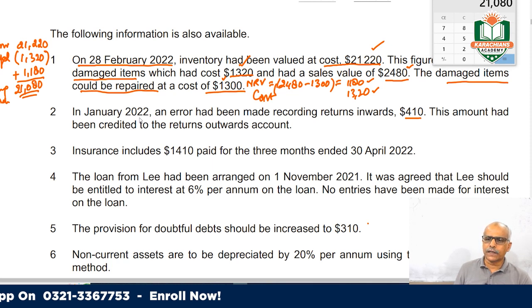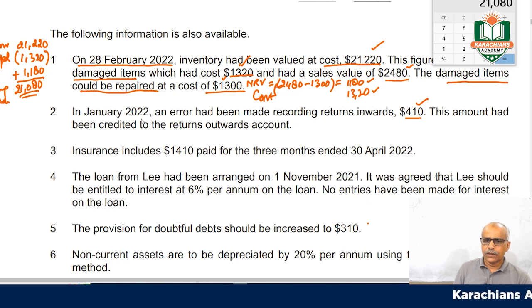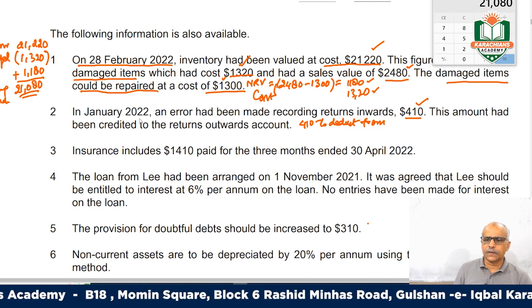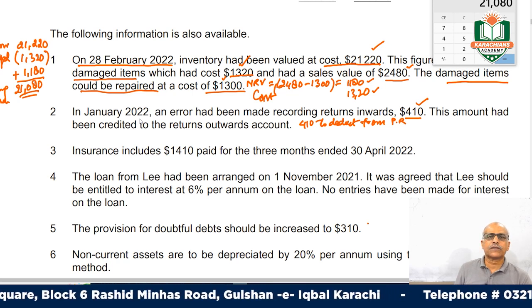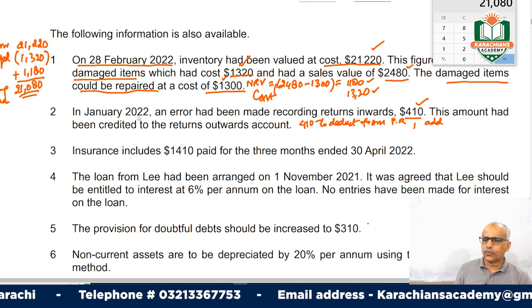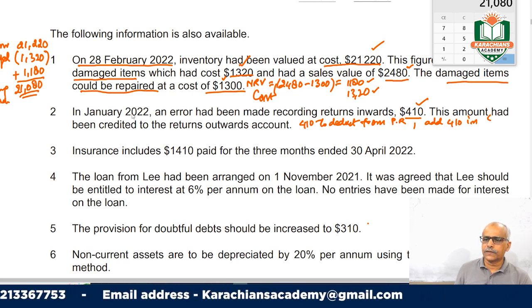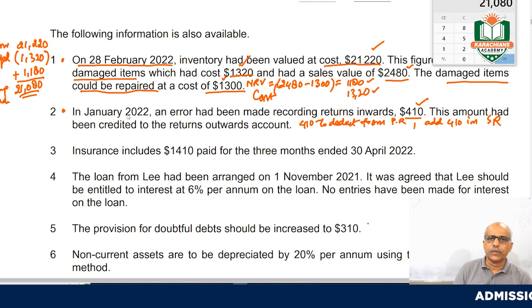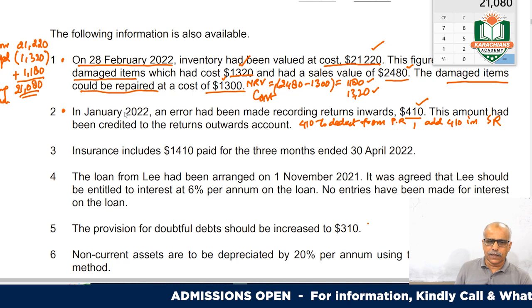So you have to deduct this amount 410 from the purchase return, and we have to add 410 in sales return. We will consider all these numbers while preparing our income statement.